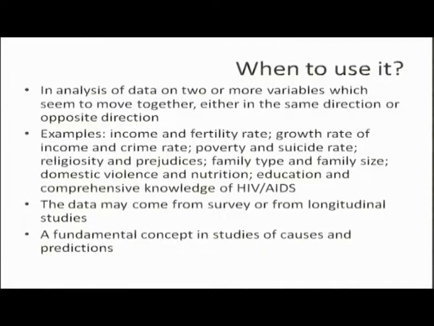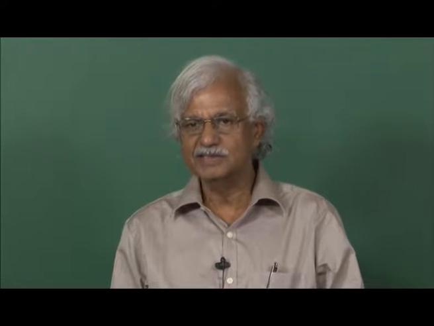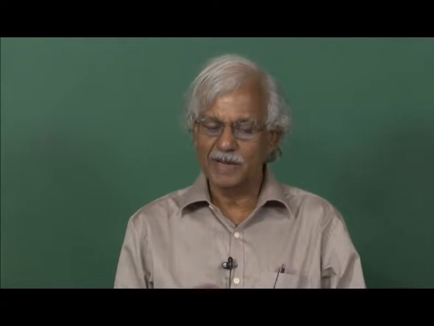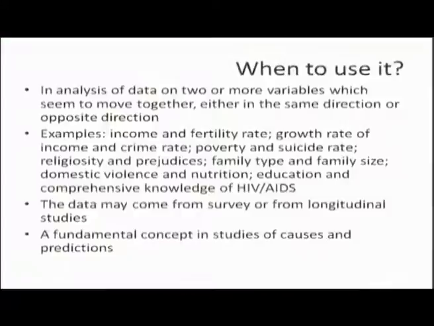Poverty and suicide rate, religiosity and prejudices, political prejudices, social prejudices, stigmas, whether religiously liberal people have more prejudices or discriminatory tendencies or biases against certain communities or castes. Then family type and family size, means whether nuclear families have higher fertility or joint families have higher fertility.